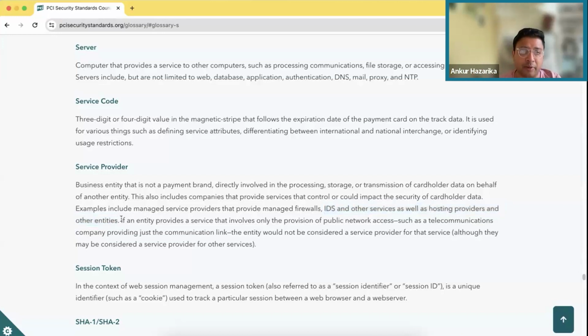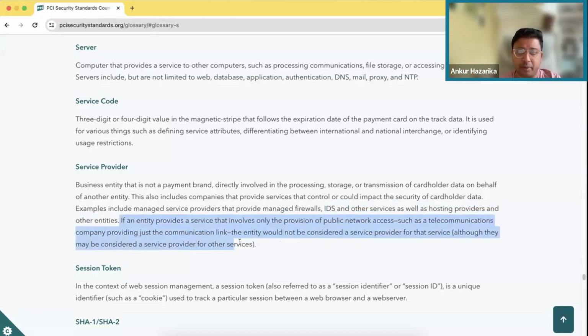Again, if an entity provides a service that involves only the provision of public network access, such as a telecommunications company providing just the communication link, the entity would not be considered a service provider for that service. Although they may be considered a service provider for other services. So again, it's very broad.